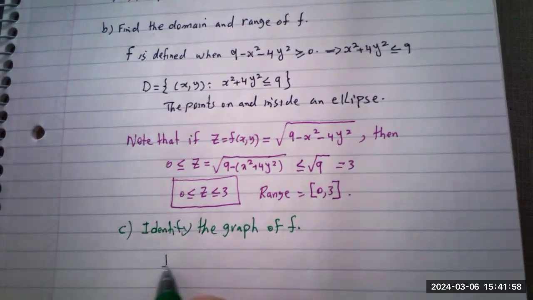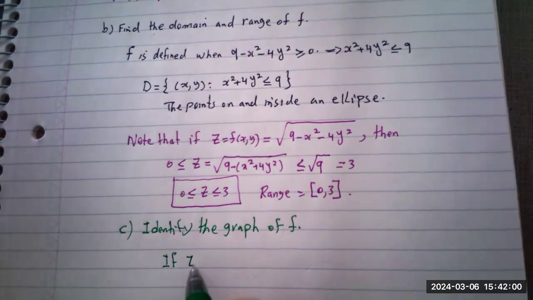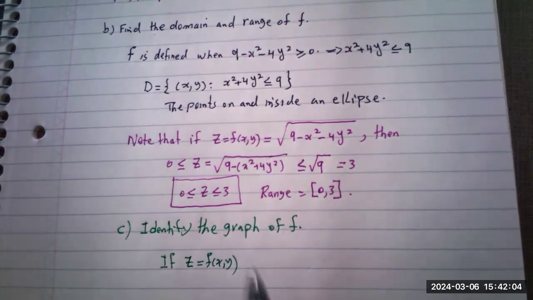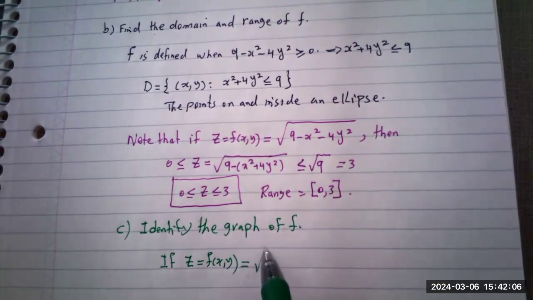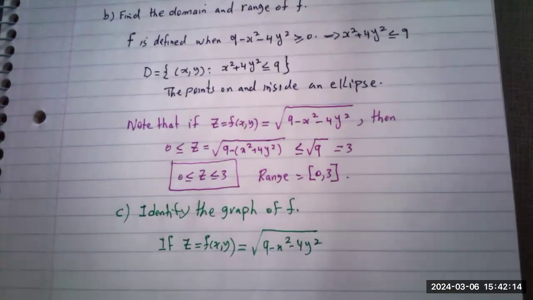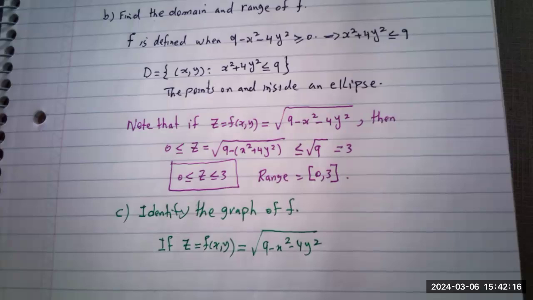If z is equal to f of x comma y, your function values, the output, 9 minus x squared minus 4y squared. Remember, the graph is a collection of points that satisfy this condition. So in this case, the points are going to be x, y, and z, all of them together.